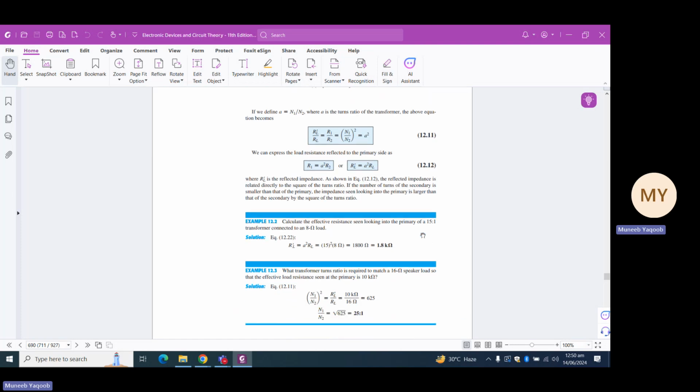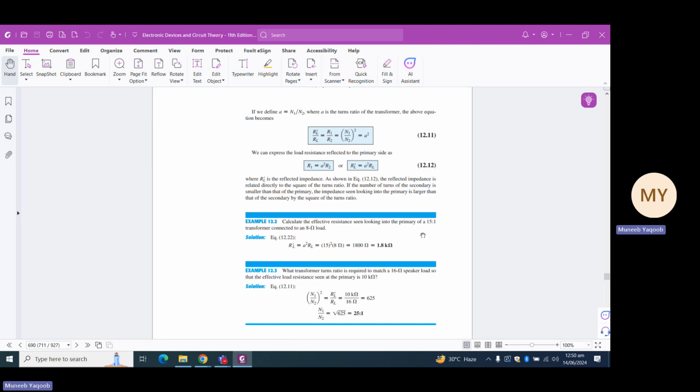Now, to make you familiar with these basic concepts, we perform some examples. So in example 12.2, they are saying to calculate the effective resistance seen looking into the primary of a 15:1 transformer connected to an 8 ohm load.